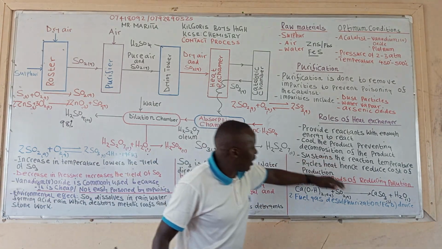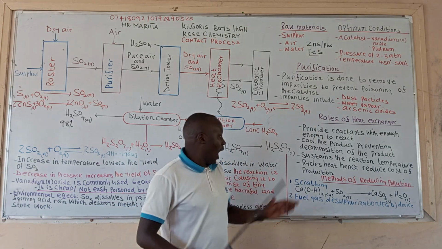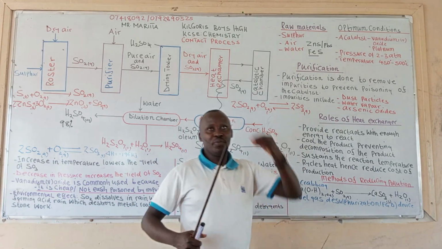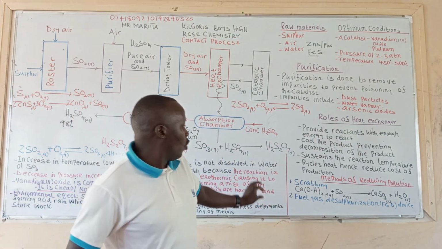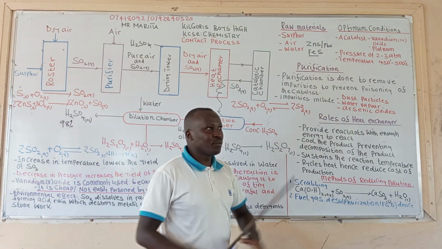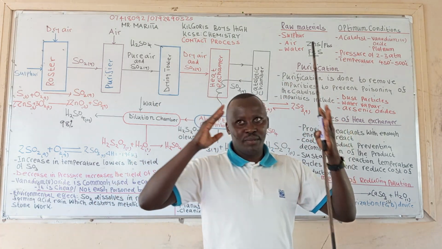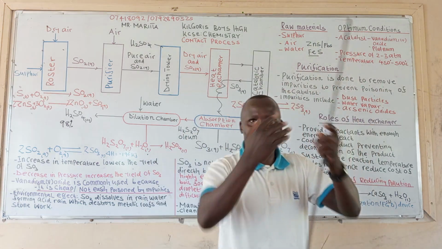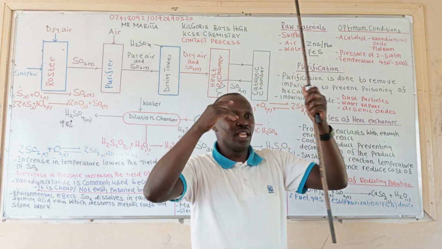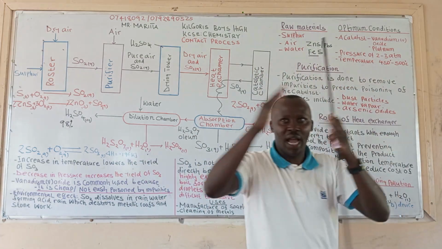Sometimes you have methods of reducing pollution. We have the pollution effect of this gas. How do you reduce this gas in the atmosphere? There are normally two methods. One, we call it the scrubbing method. The scrubbing method is a situation where the chimney through which the gases escape into the atmosphere is lined with a substance called calcium hydroxide.